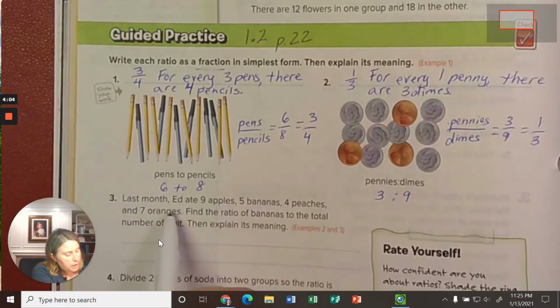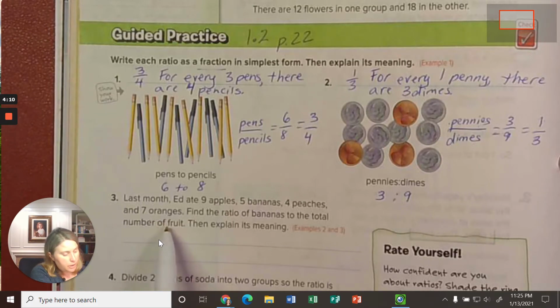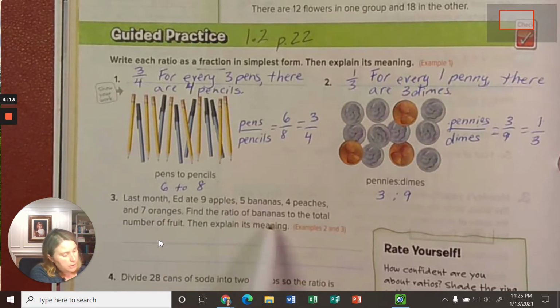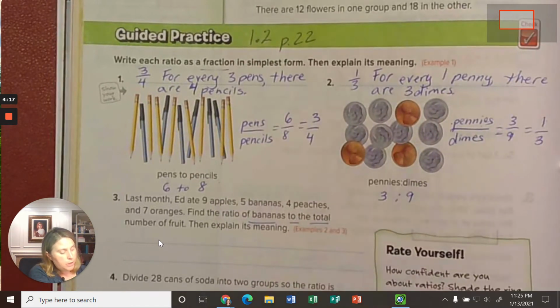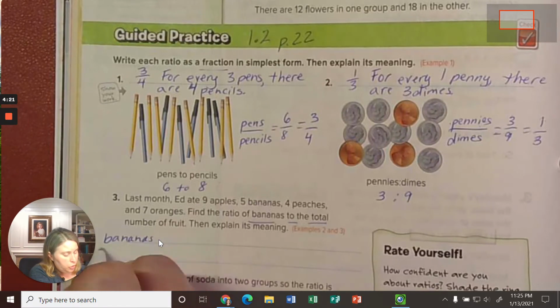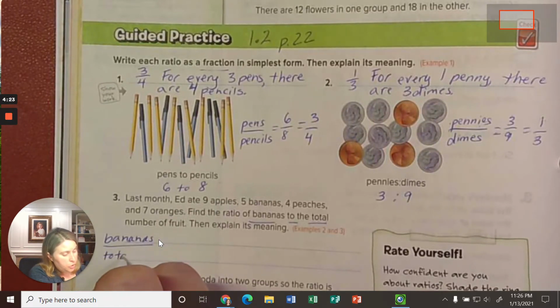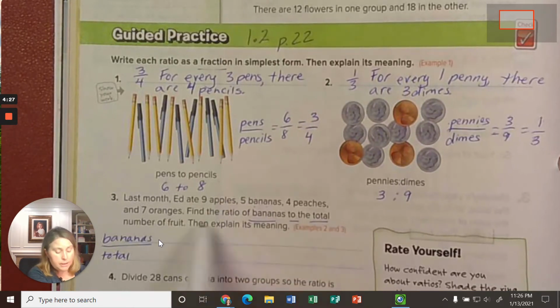So 9, 5, 4, and 7. Okay, so we have 25 pieces of fruit total, and this was bananas to total. So there were 5 bananas, and then we just added up, there were 25 pieces of fruit total.